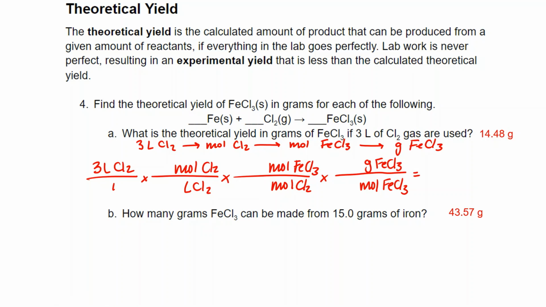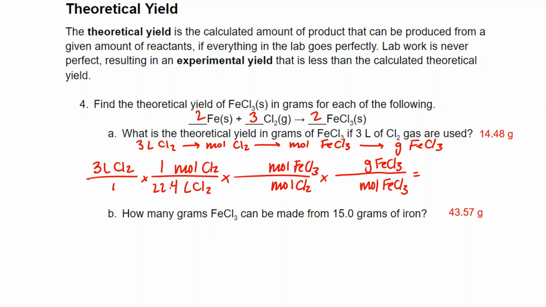So my first conversion factor here is moles and liters. 1 mole of any gas takes up 22.4 liters of volume. Next I have a mole ratio, so I'm going to look in my balanced chemical equation to get that. I need to balance this equation real quick here. I'm going to put a 2 here and a 3 here, which will give me my 6 chlorines on both sides.